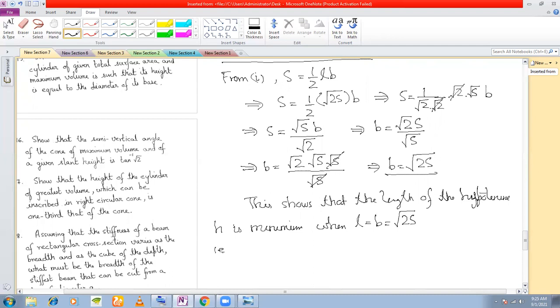That is when the triangle is isosceles. That finishes your problem.